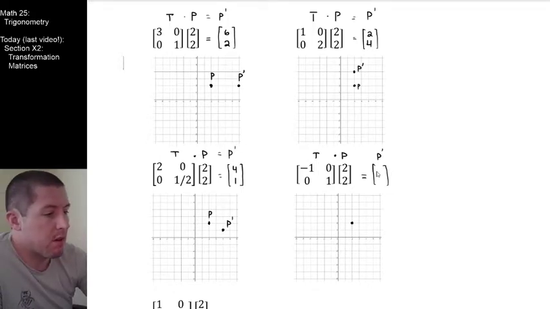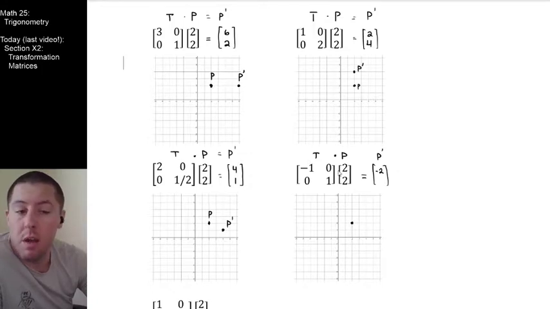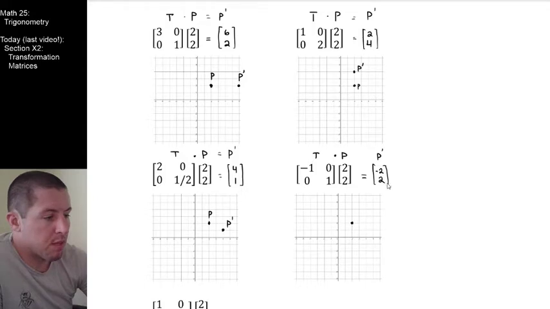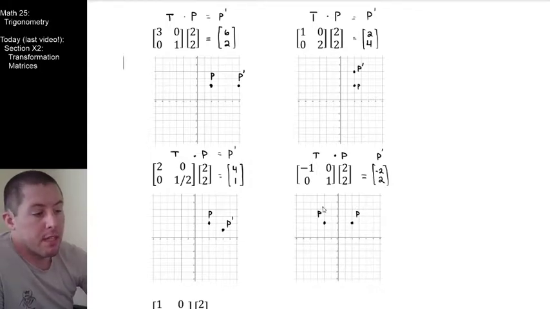Negative 2 plus 0 is just negative 2. Then for our second term, we're going to get 0, 1 dotted with 2, 2. That's going to be 0 times 2, which is 0, plus 1 times 2, which is 2. 0 plus 2 is going to give me 2. So it seems like our new point ended up over here, P prime, and what happened here is exactly as we thought.